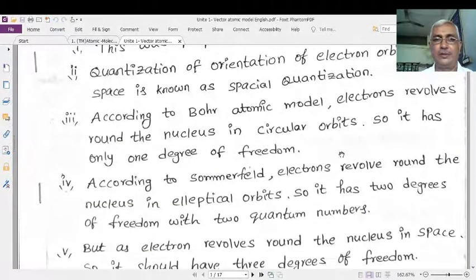According to Bohr's atomic model, electrons revolve around the nucleus in circular orbits. Therefore, its radius is constant. From one orbit to another orbit, the radius changes. Therefore, it has only 1 degree of freedom.